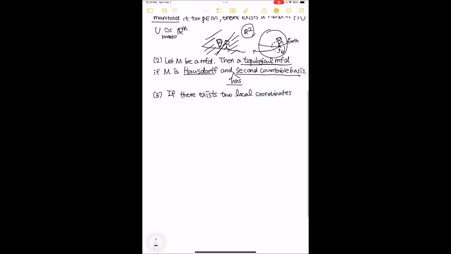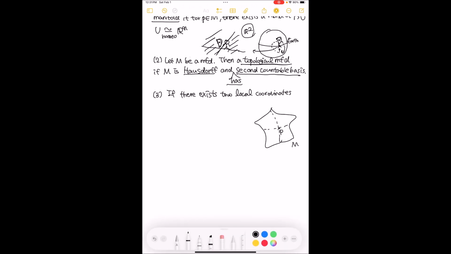If we take M as a manifold and take a point P, then there exists a neighborhood U with local coordinates.